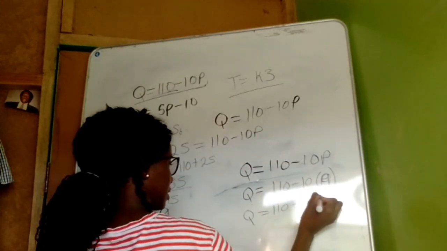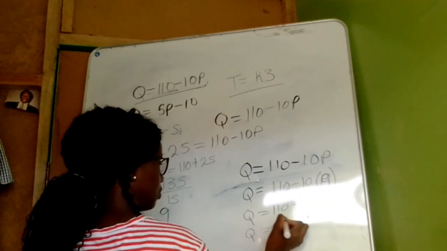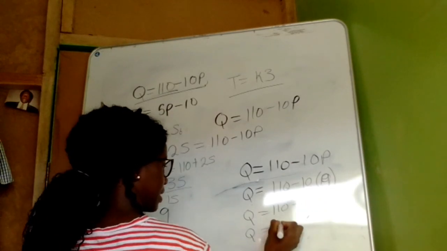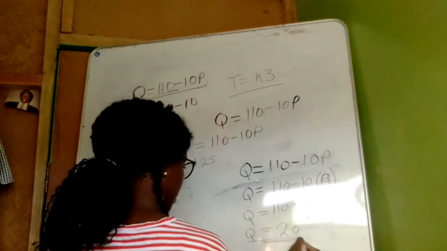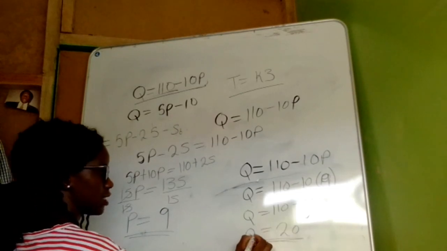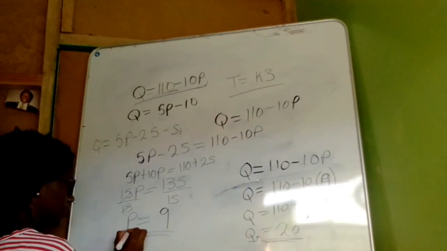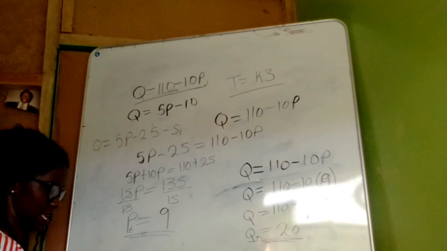So Q is equal to 110 minus 90, that's 20. So this is our new quantity after tax. This is our equilibrium price after tax, like that.